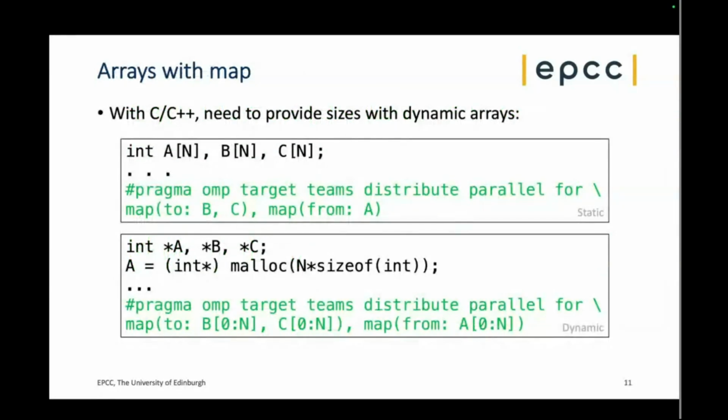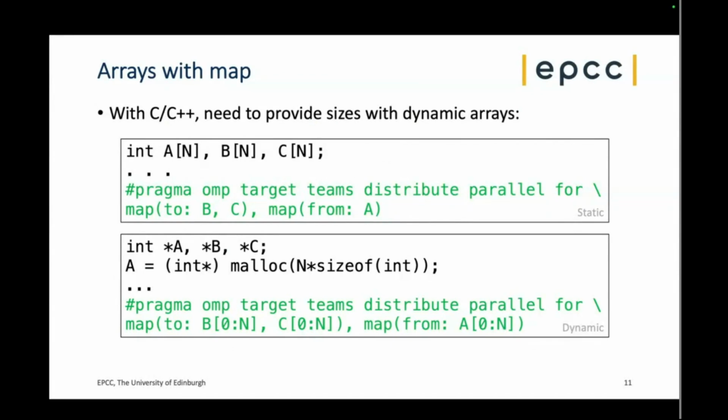Now, here is something to be careful of, mostly in C++. I said that it tries to do the right thing, but the compiler doesn't always. If you're using some static array in C, which in real-world applications is very common, then the compiler will know how big your arrays are.